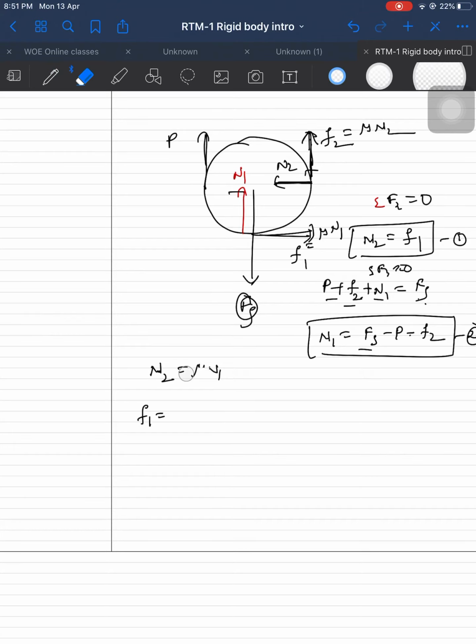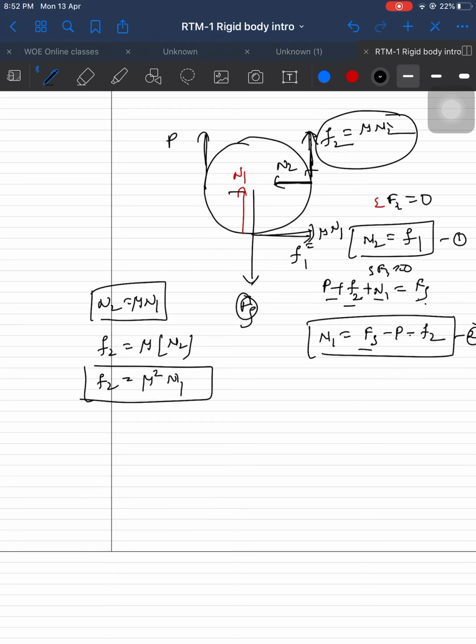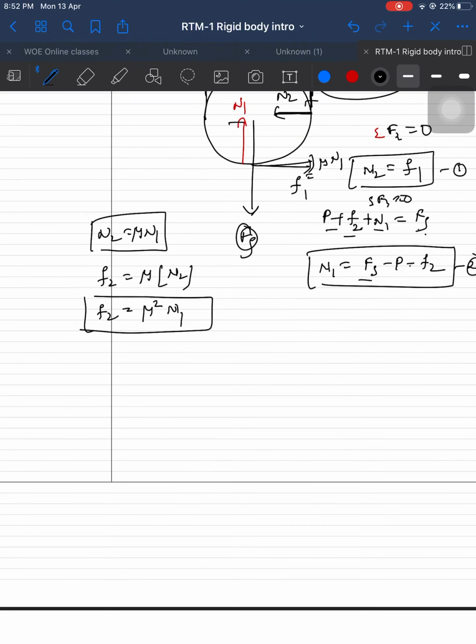I am making small mistakes, consider F1 here, and F2 here, N2 is equal to mu into N1. From here F2 is equal to mu into N2, where N2 is equal to mu N1, so mu square into N1 will be F2. F2 is equal to mu square into N1.